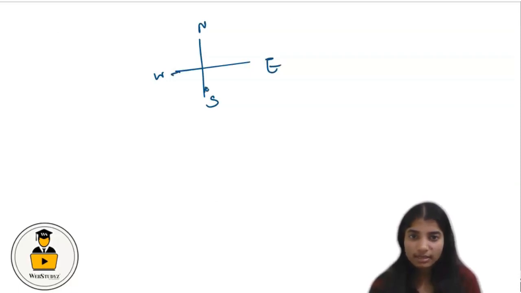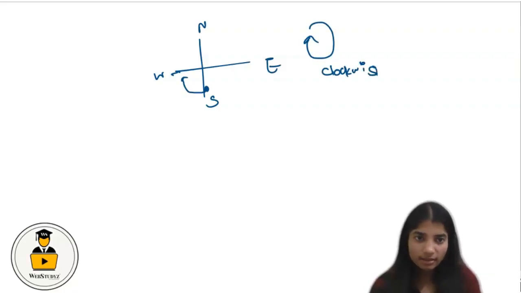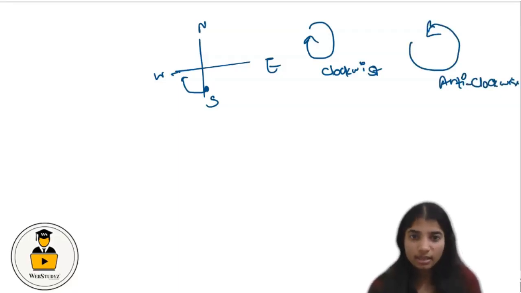It is given that it starts from south and turns clockwise. This is the clockwise direction, and this from here is anti-clockwise. It starts from south and turns towards west in the clockwise direction.